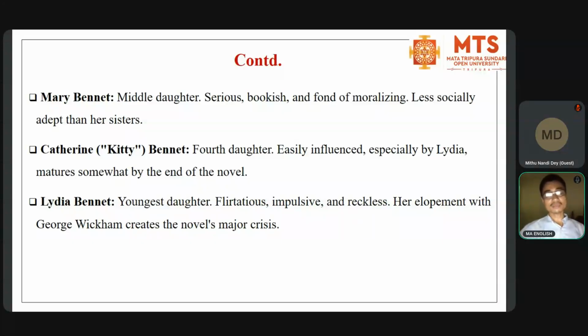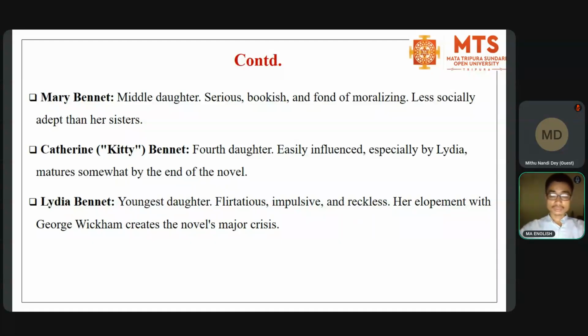She is very reckless, nonchalant, and after all, she runs away with George Wickham, the villain of the novel.